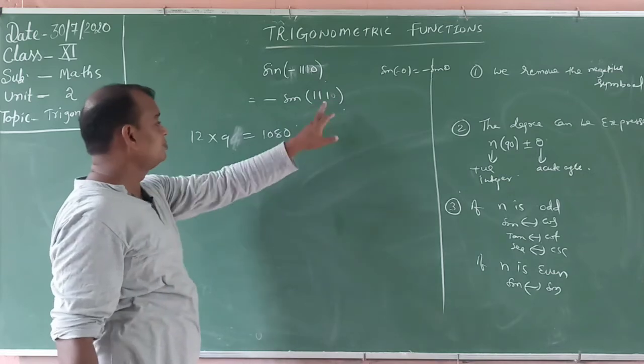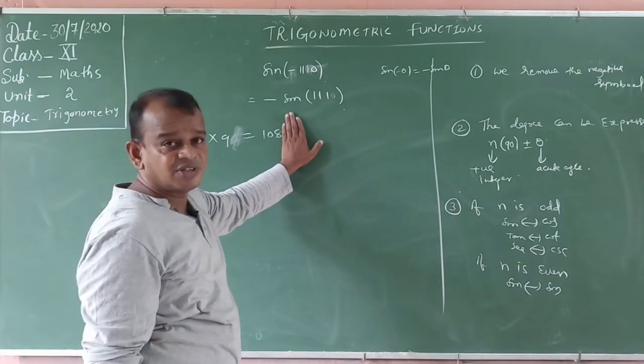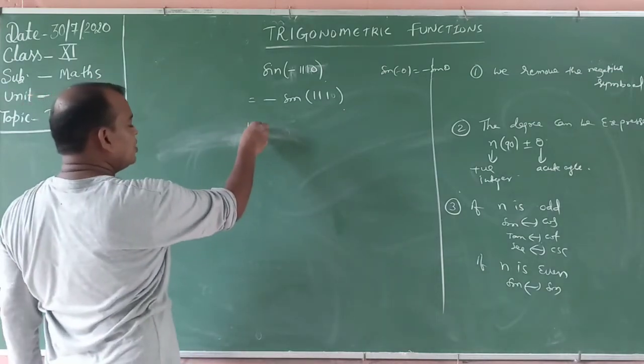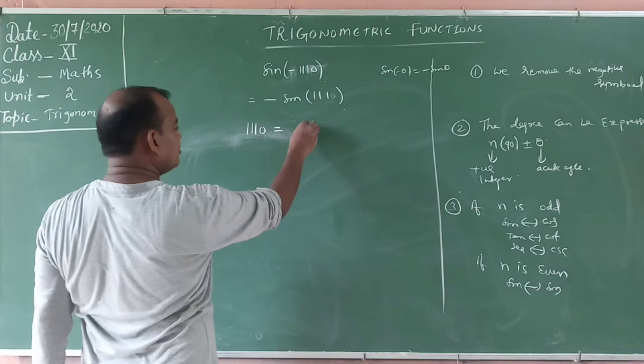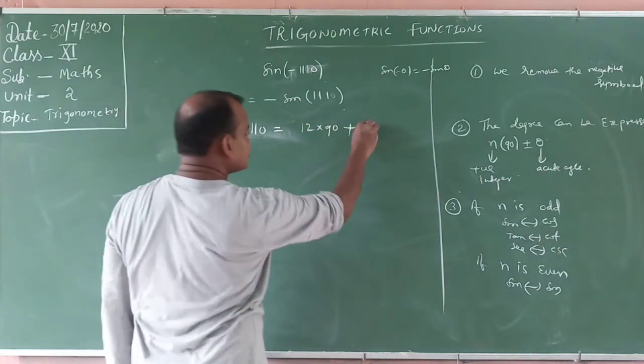So 1110 is equal to 12 into 90 plus 30 degrees.